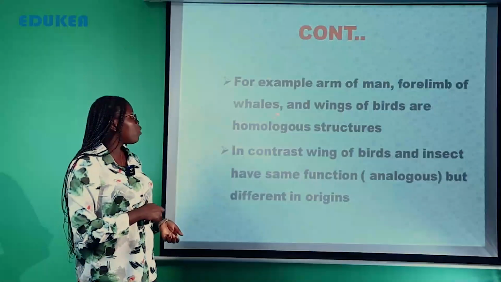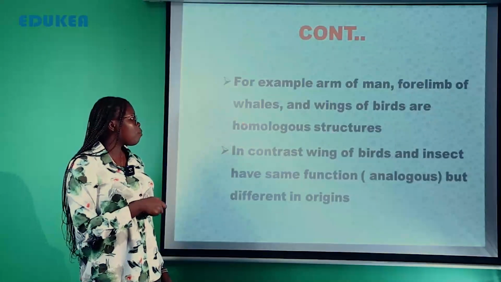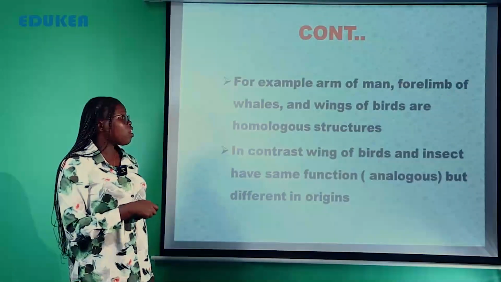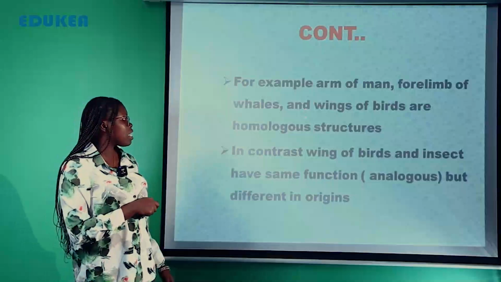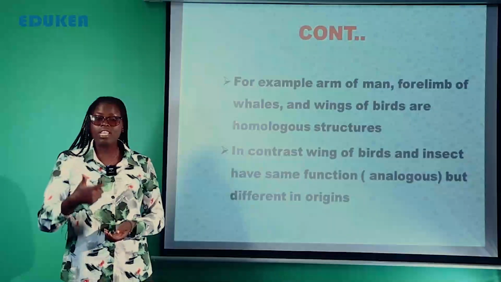For example, the arm of man, the forelimbs of whales and the wings of birds are homologous structures.